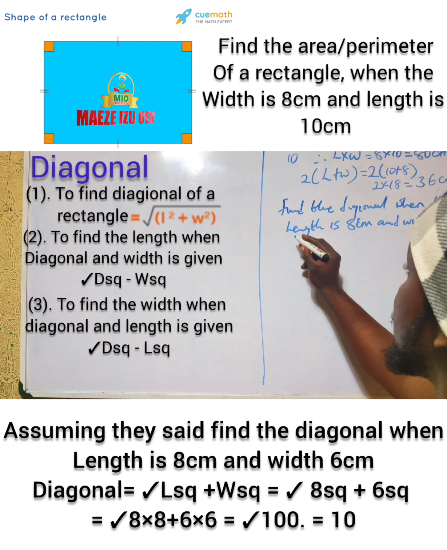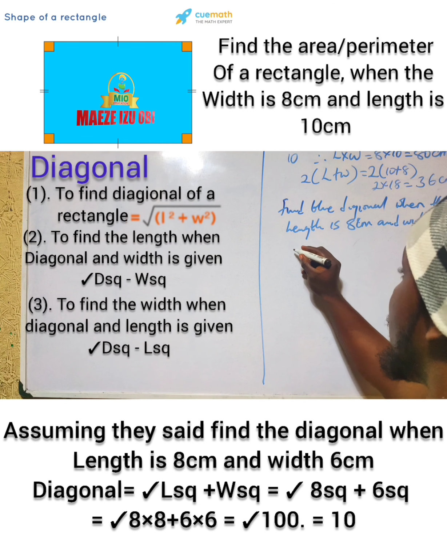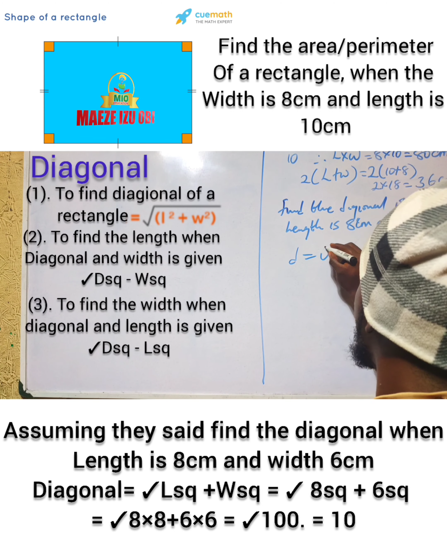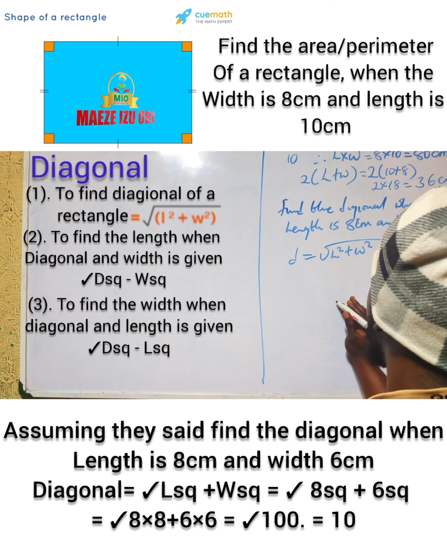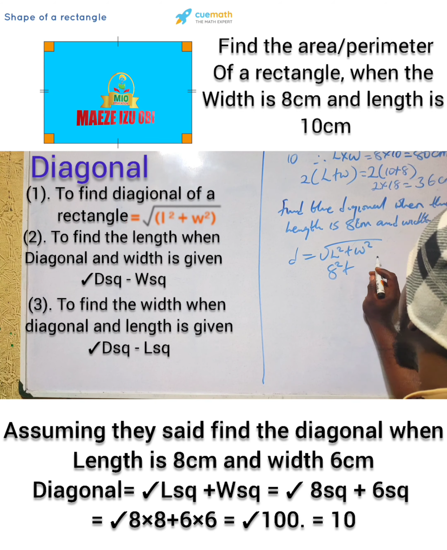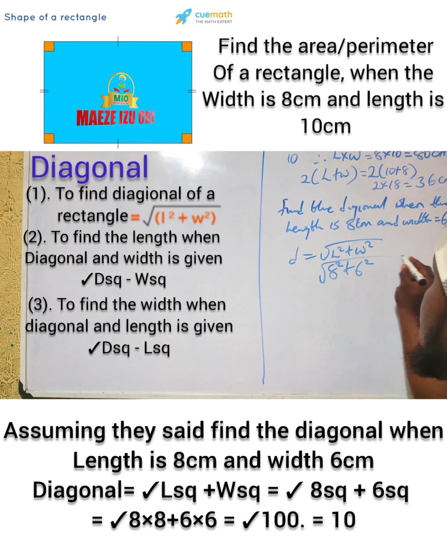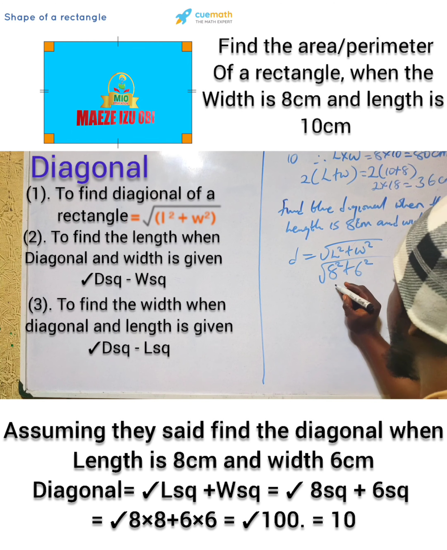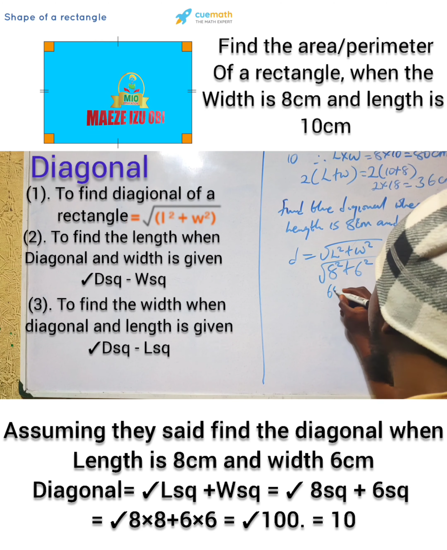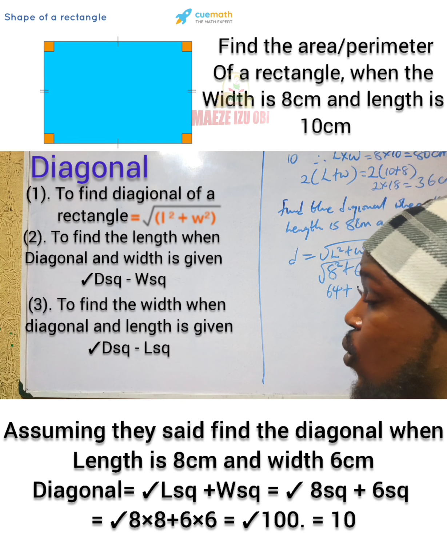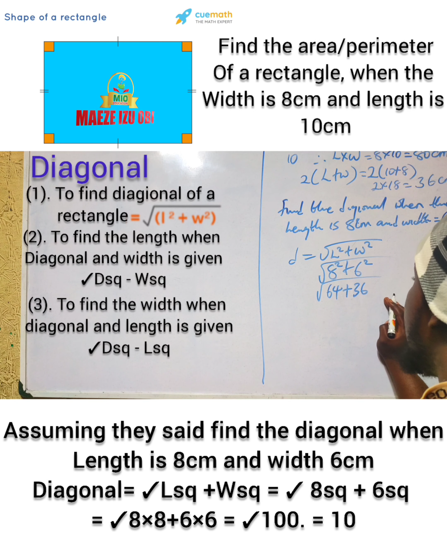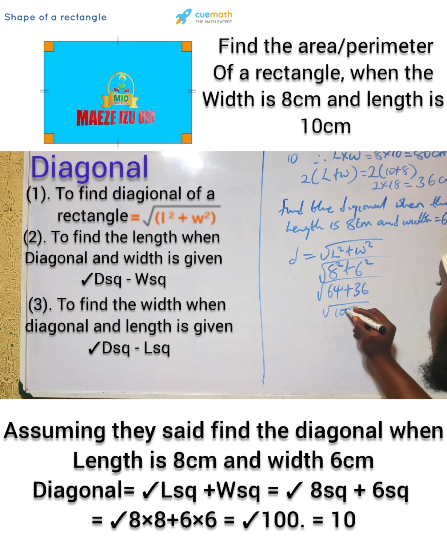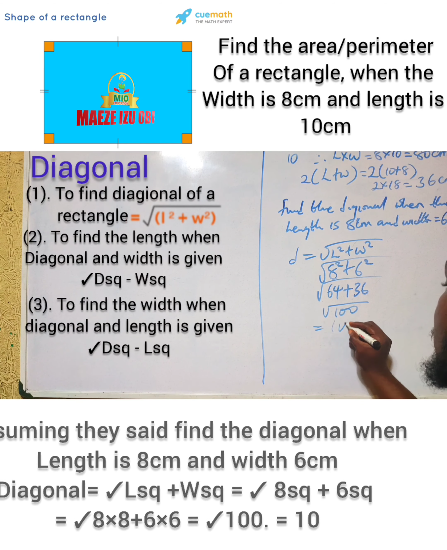Diagonal is equal to length square plus width square, all in square root. Therefore, 8 square plus 6 square, in square root. 8 square gives you 64, plus 6 square gives you 36. 64 plus 36 will give you 100. Therefore, the square root of 100 is equal to 10 centimeter.